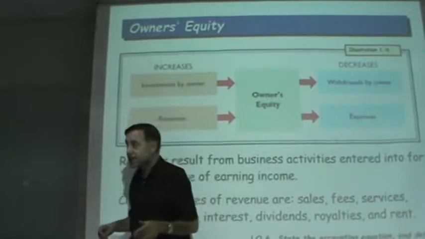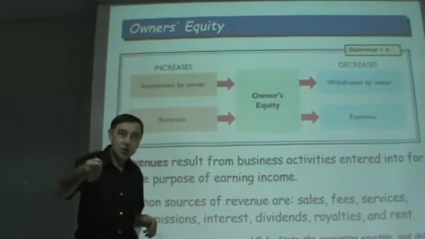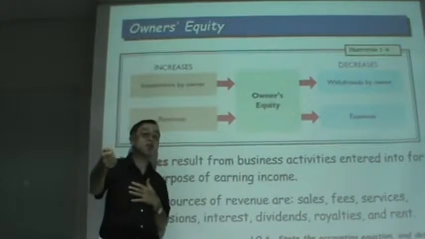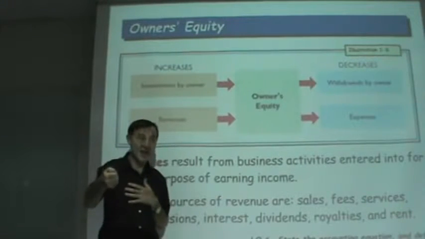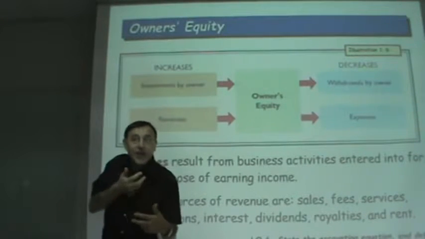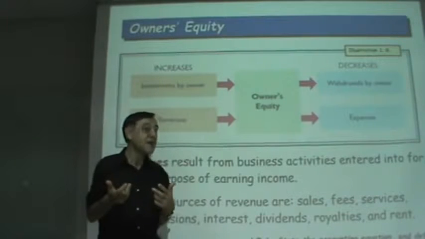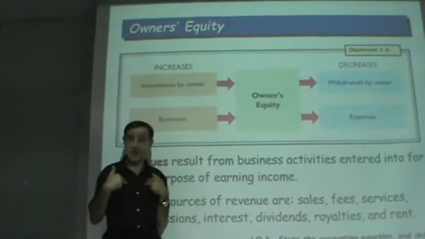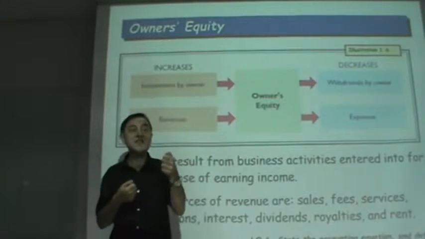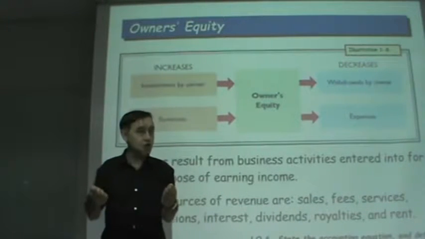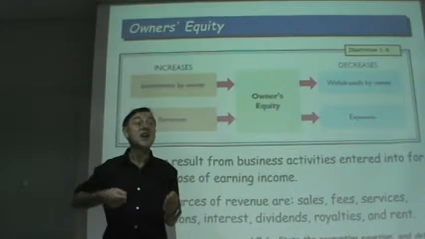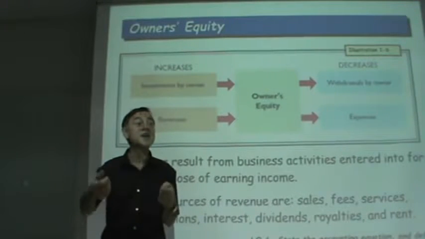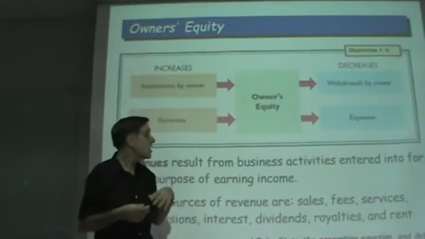Expense is a resource which you have to sacrifice or give in order to keep the business going. The most common expense is employees, in the form of salary and wages. This is the money which is paid to the employees.